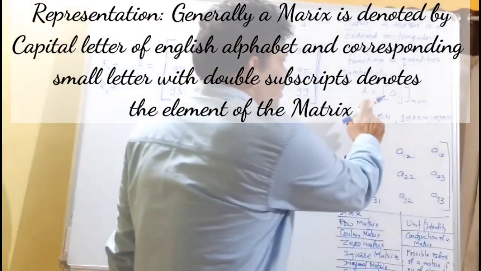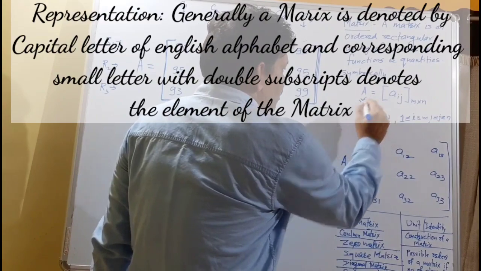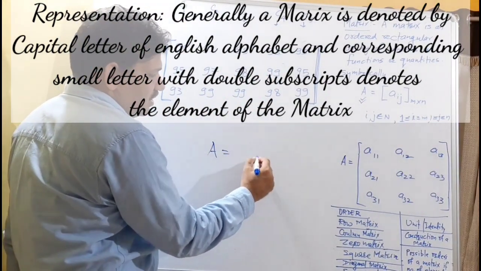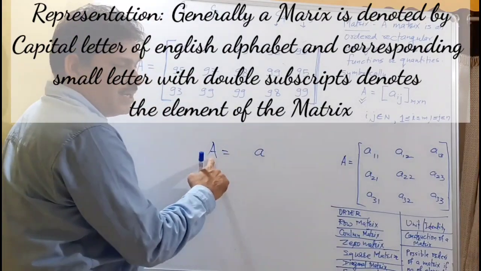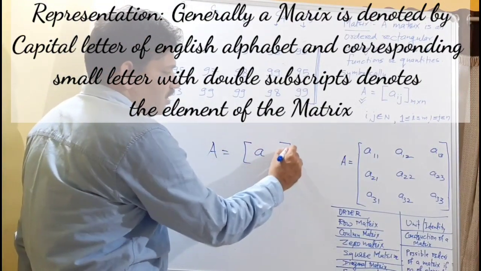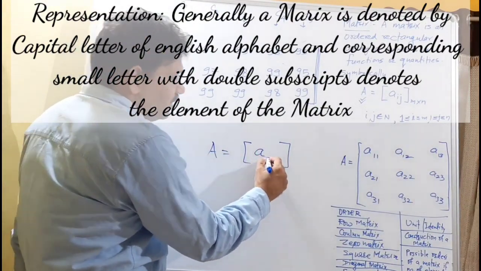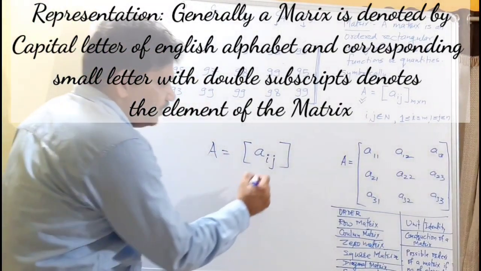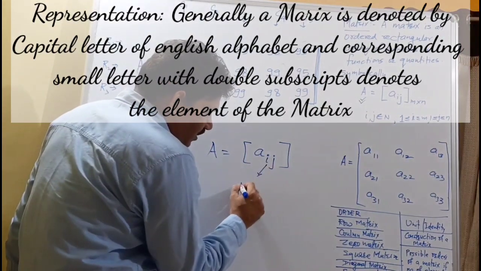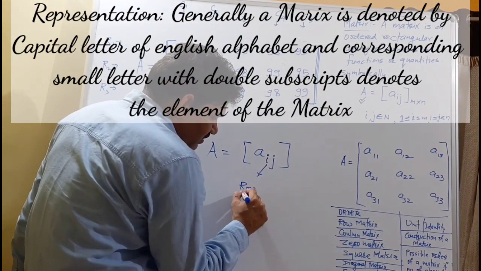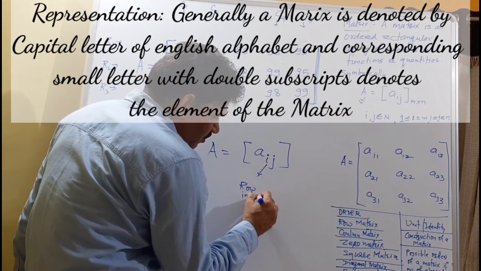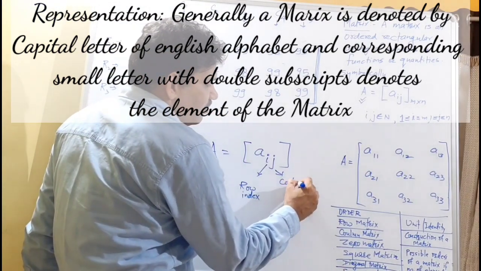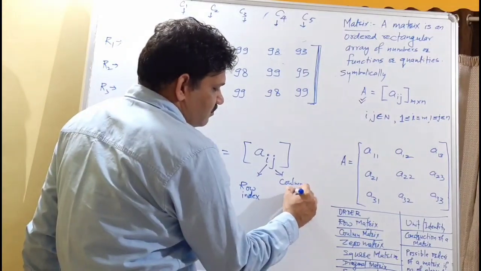Symbolically, a matrix is always denoted by a capital letter A, and the corresponding small letter. If the matrix is A, then the small letter is small a, with double subscripts, out of which the first one tells us the row index or the row subscript, and the second one tells us the column index.